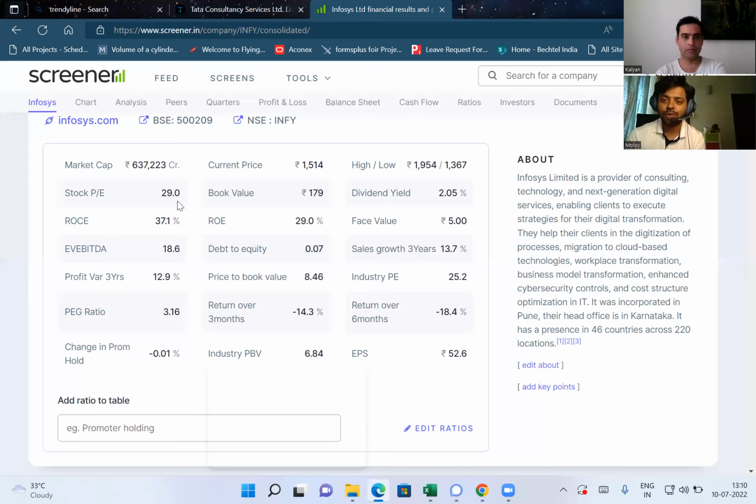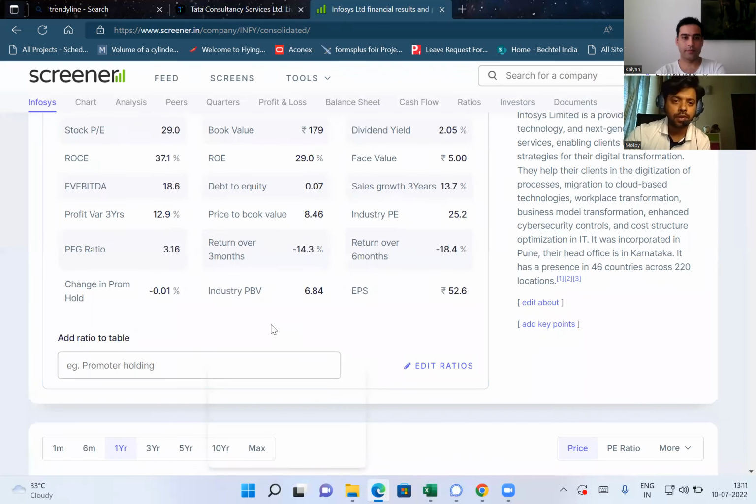If the promoters themselves are selling the shares, it's an indication for us that something is wrong in that company. And if the promoters are acquiring more shares, then it is good, it gives a comfort for the retail investors that the promoters are buying, which gives a conviction for us to buy as well. So that's the reason why this is important.